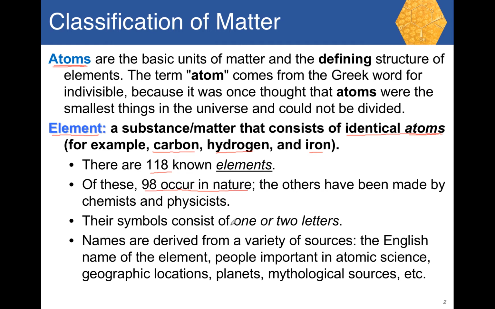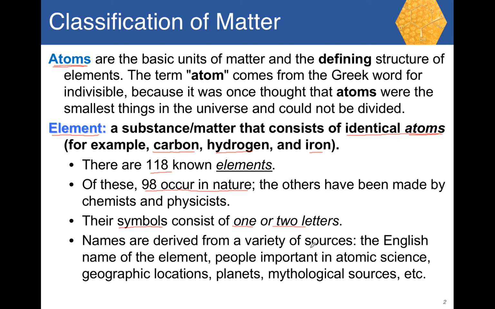The symbols are typically 1 or 2 letters. What's meant by symbols? Symbols here is instead of using the entire word, a lot of times in chemistry we'll use symbols to represent these elements.